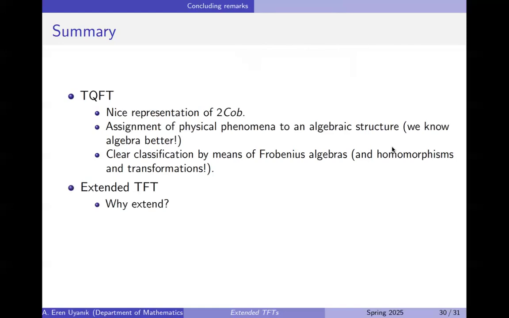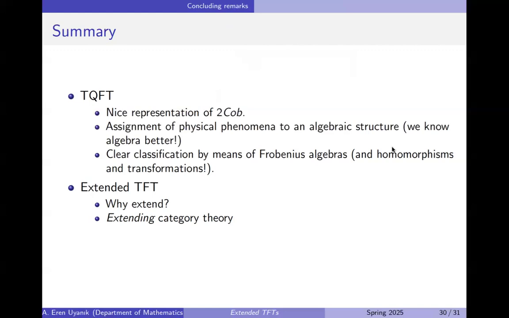In the second part, we talked about extended topological field theories. I mentioned why we need an extension. We have a motivation of producing knot and manifold invariants. To define extended topological field theory formally, we need to extend category theory. First, we extended it into 2-categories.